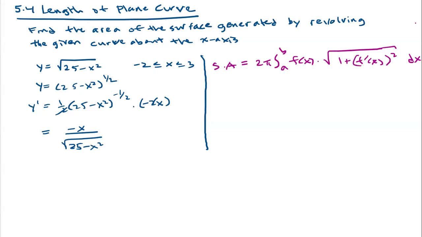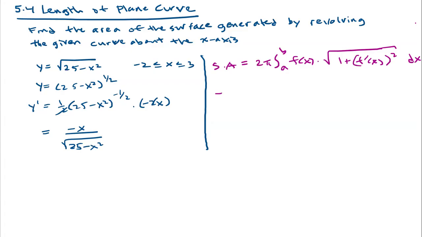Okay, so the formula we're going to use is the surface area is equal to 2 pi, integrated from a to b, of f of x times the square root of 1 plus f prime of x squared dx. So we're going to go from -2 to +3.